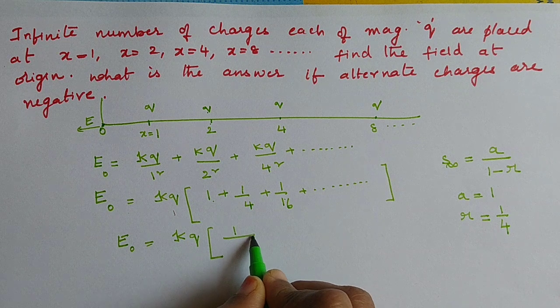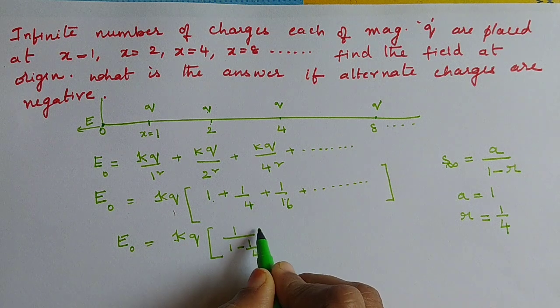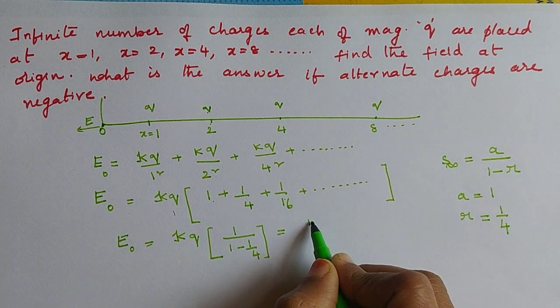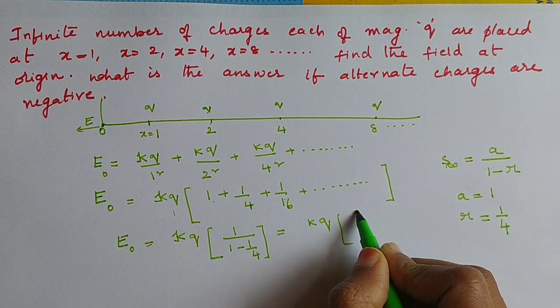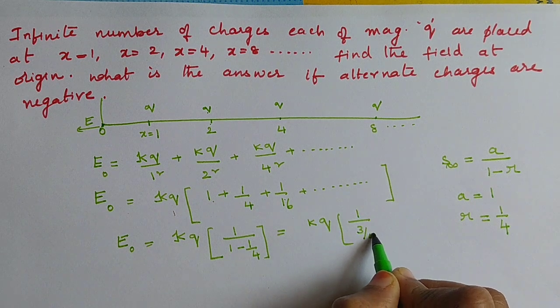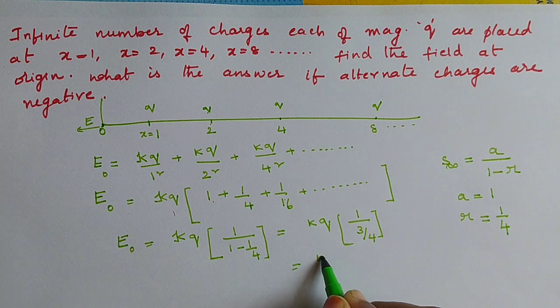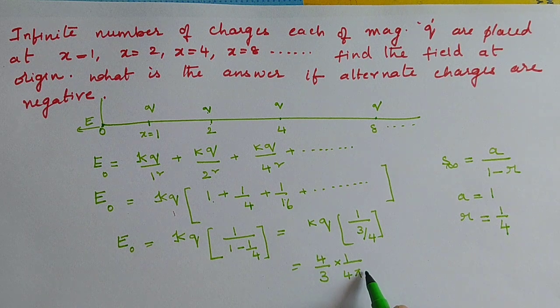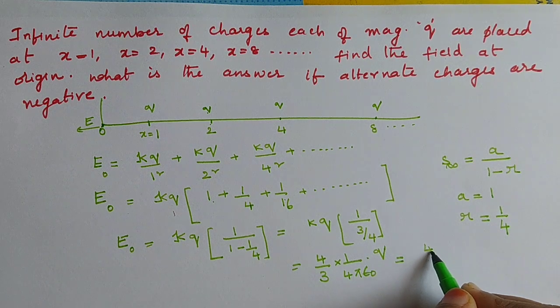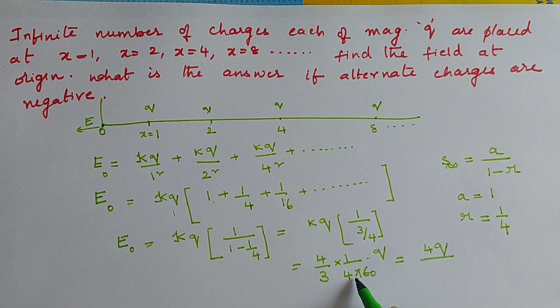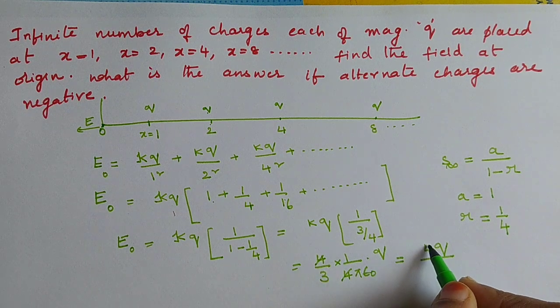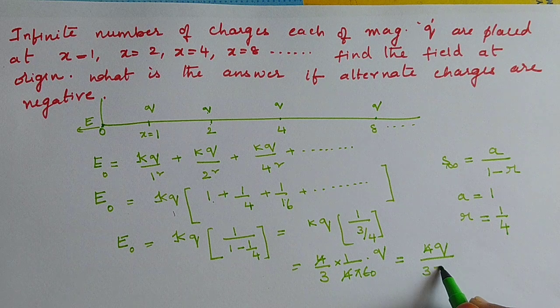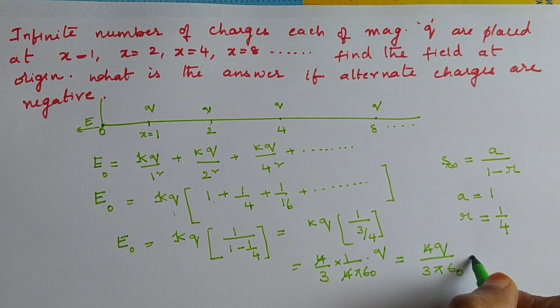So put the values, a by 1 minus 1 by 4, and that comes out to be kq into 1 by 3 by 4, or nothing but 4 by 3 times of k, where k is 1 by 4 pi epsilon naught, into q, which is 4q by 4, you can cancel, q by 3 pi epsilon naught.